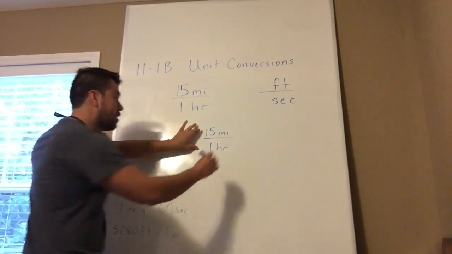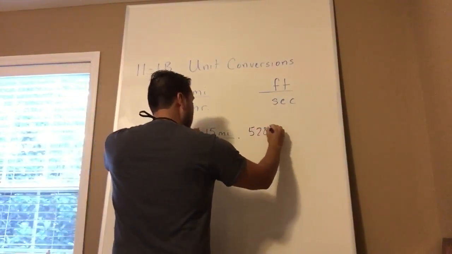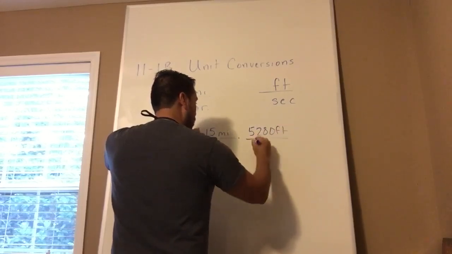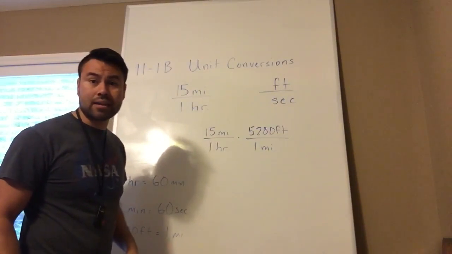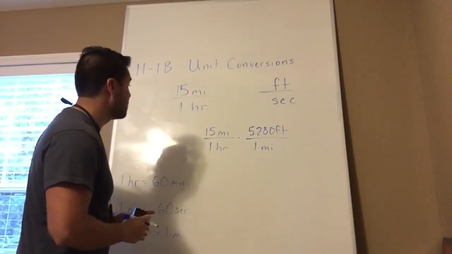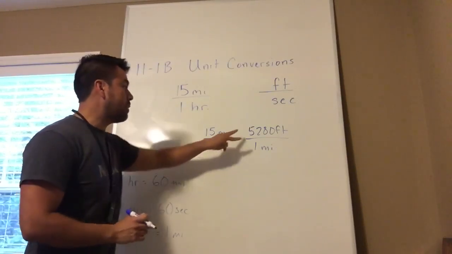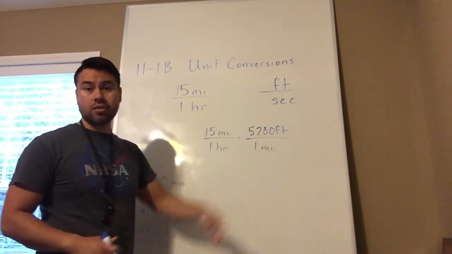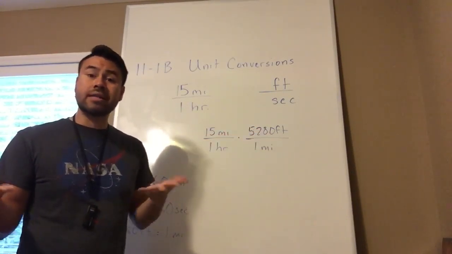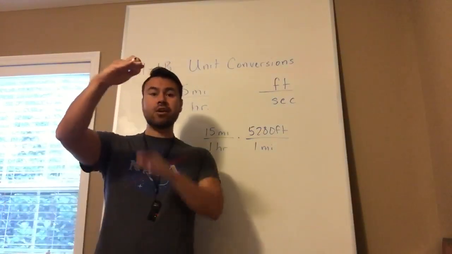I'm either going to use 5,280 feet over 1 mile, and the spacing on my board is not going to be great, so I apologize for that. Well, we'll just deal with that. So I'm either going to use this fraction or I'm going to use a reciprocal. So you're like, well, which one do you use? Does it matter? It does. Because just like with numbers, you know how you can cancel out like 10 over 5?